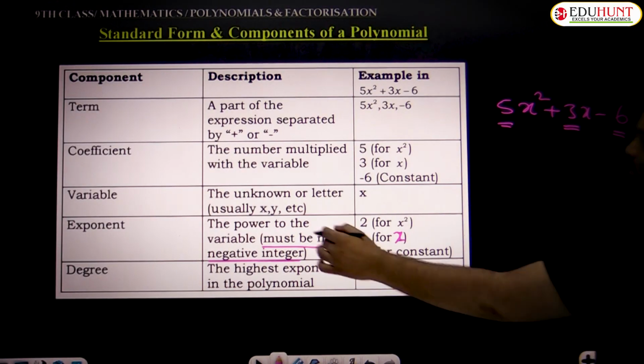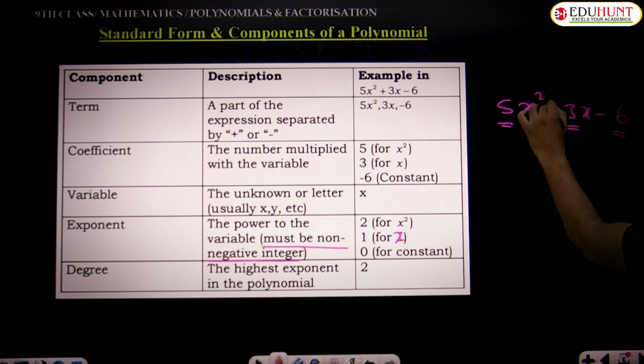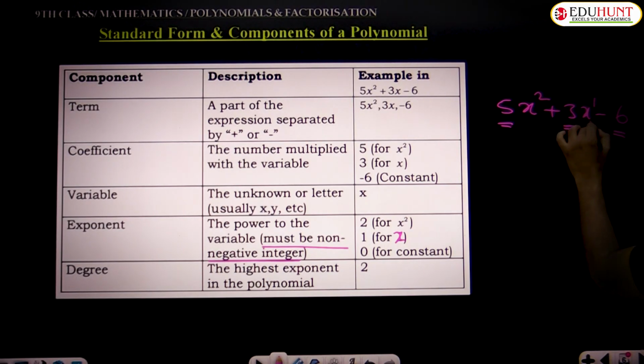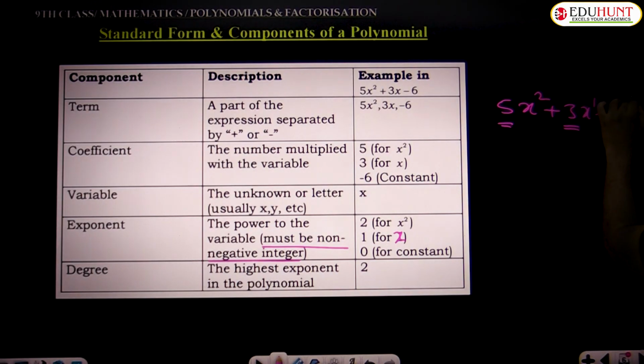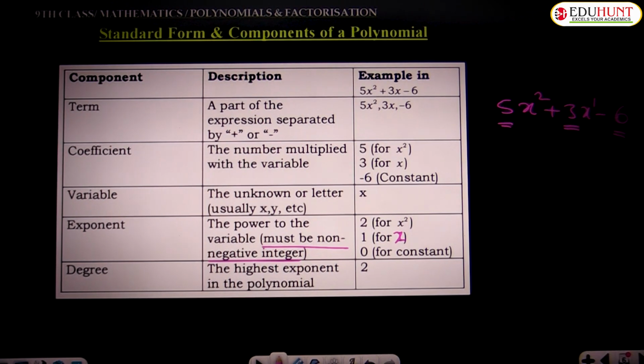Am I clear? Here 2 is the exponent of x square, here 1 is the exponent of x, and here 0 is the exponent of 6. So 0 for the constant. Here 6 is the constant. Degree: the highest exponent in the polynomial is called degree.